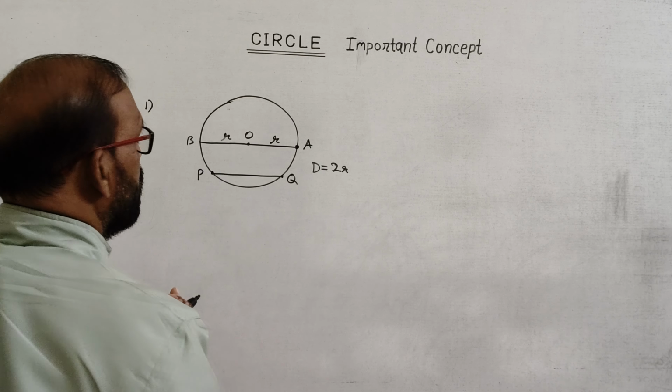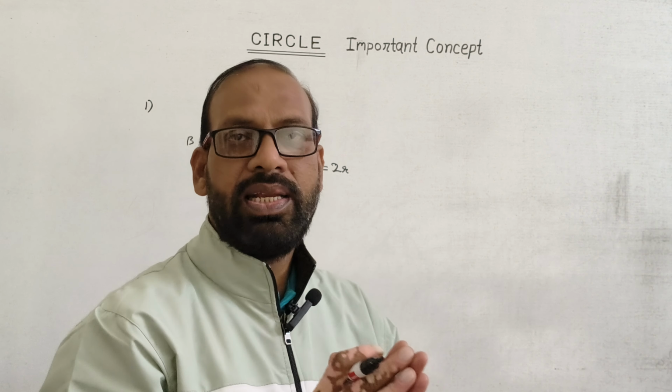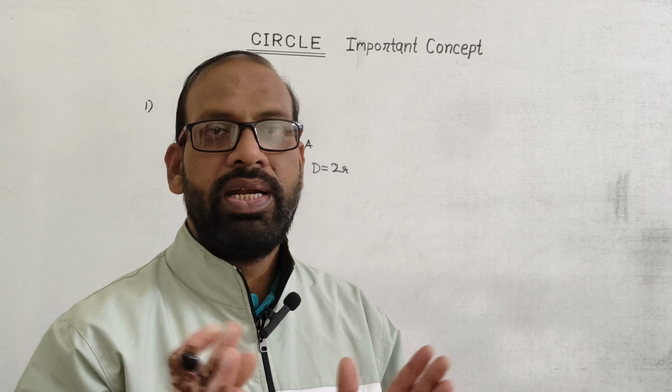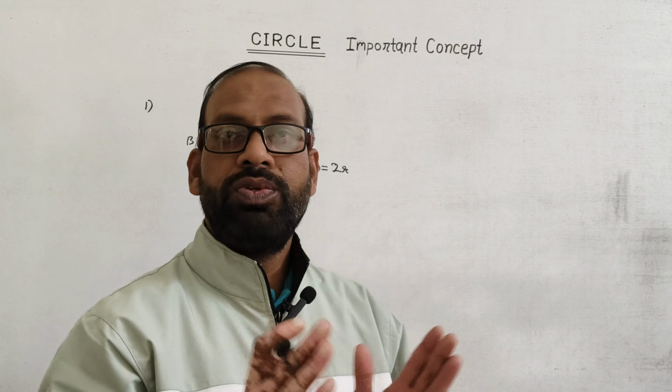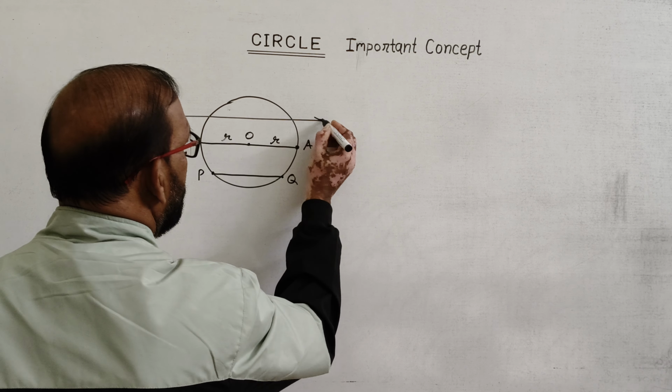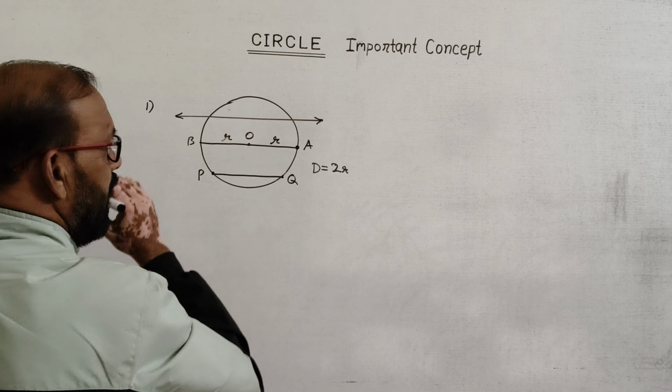Suppose we think about one line. One line means it is extending on both the sides, never ending on both the sides. That's why we represent any line by giving arrows at both the ends like this. This represents a line.